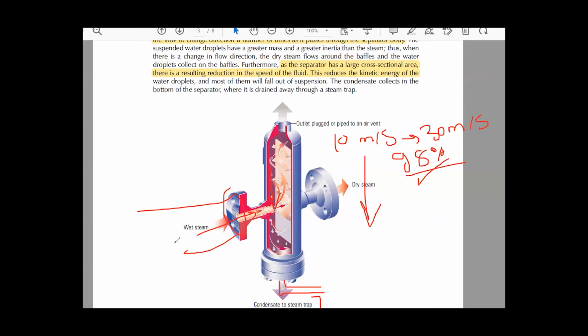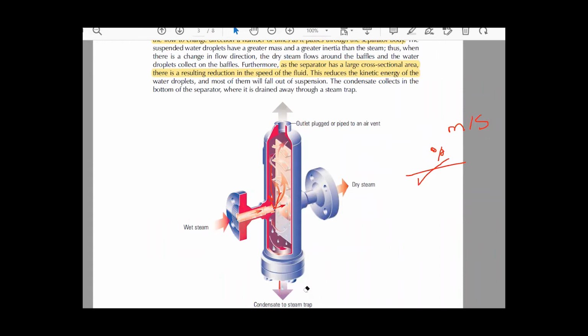The working principle is that the large size of the separator gives the mixture more volume, which is good for low pressure drop, and the steam moves around the baffle plates, while the entrained water is collected together and goes down according to its weight and gravity through this condensate port to the steam trap. Okay.